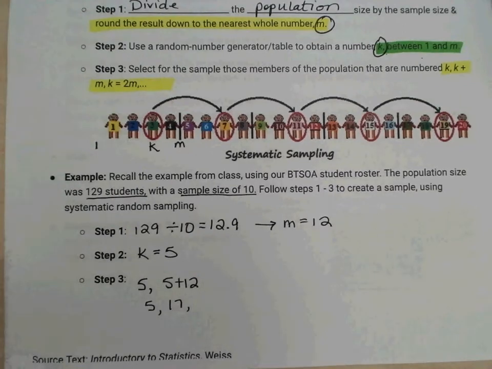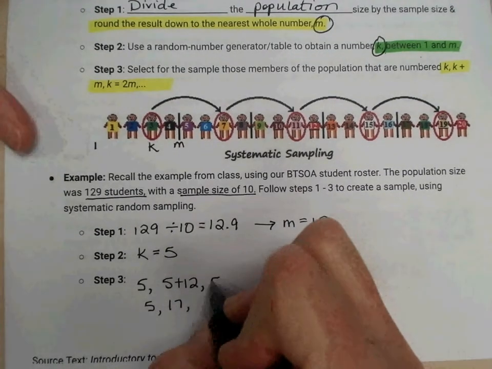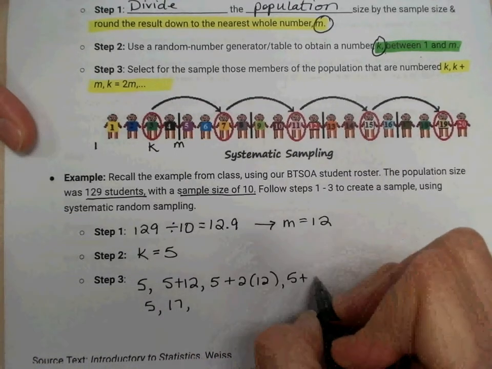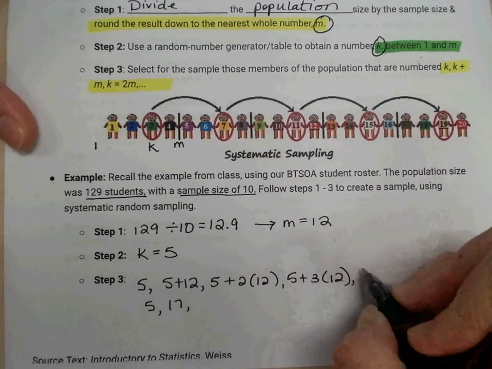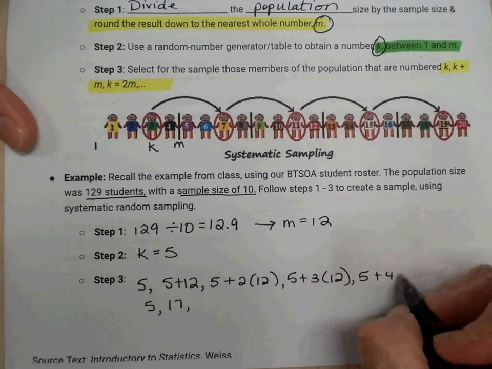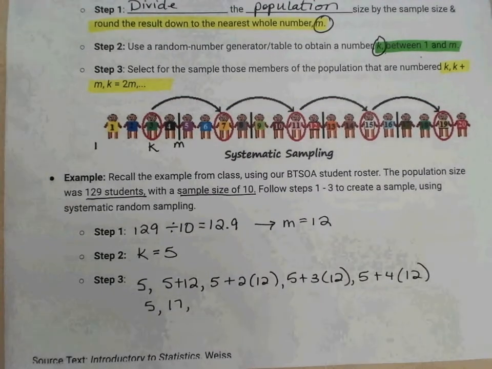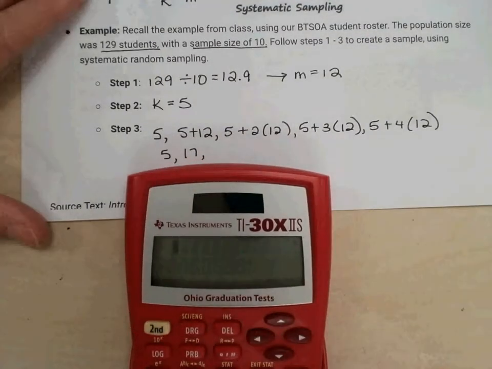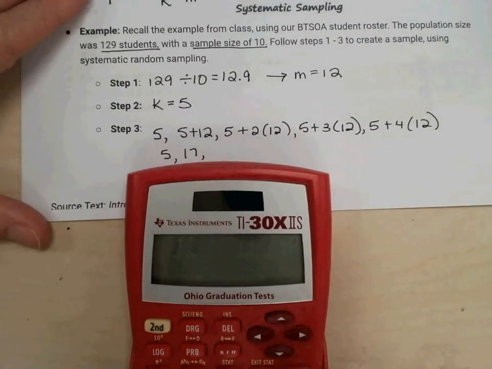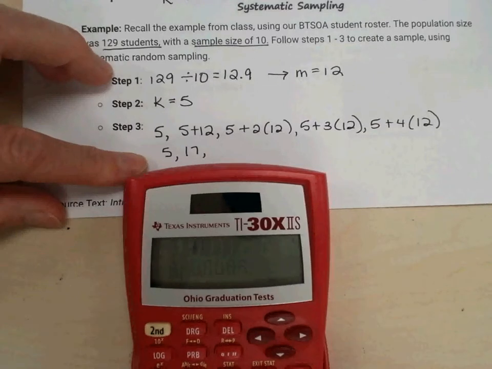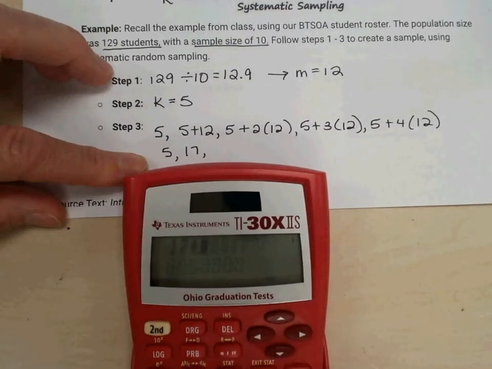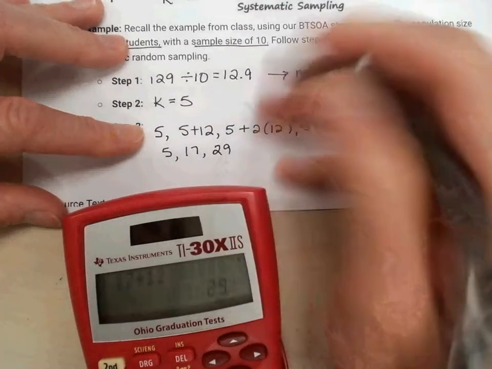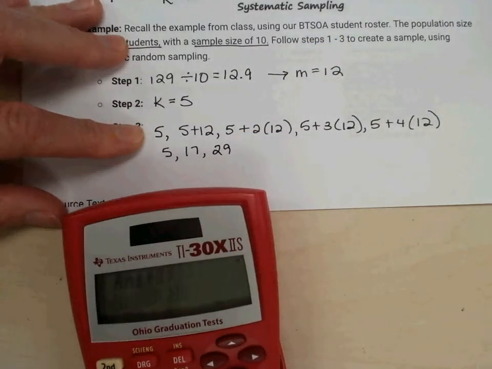You could follow that method and say, okay, now 5 plus 2 times 12, and 5 plus 3 times 12. What we're really doing here is just adding 12 each time, right? And so another way to do that is grab your calculator, use your mental math, and just take the previous number and add your m value. So then we go up to 29, and then add 12 again.